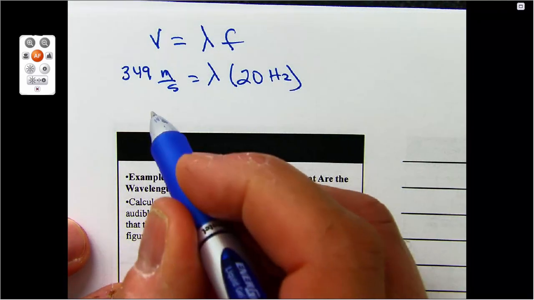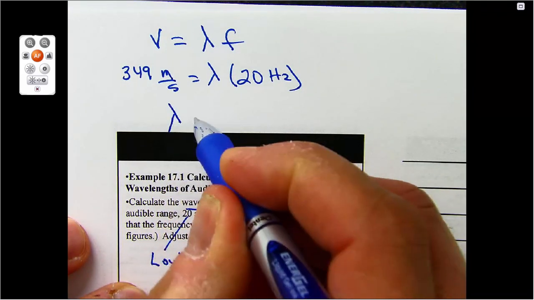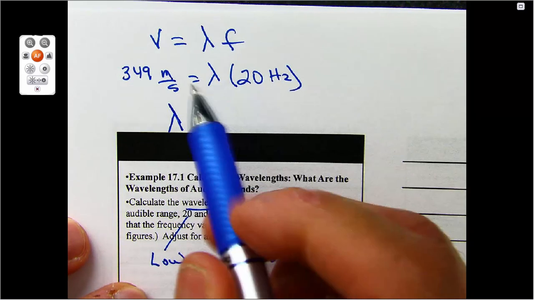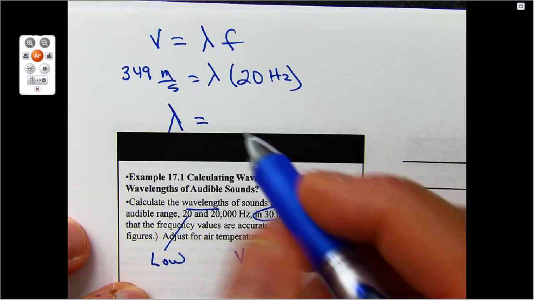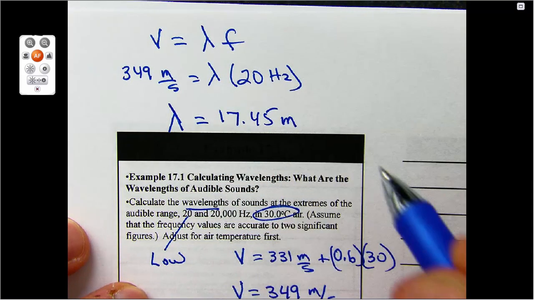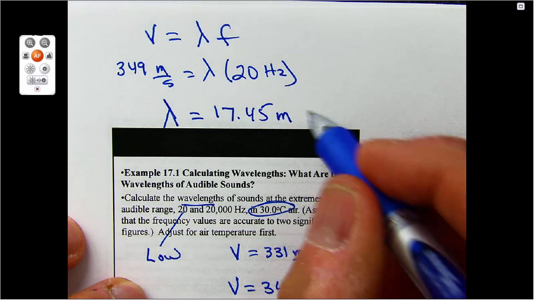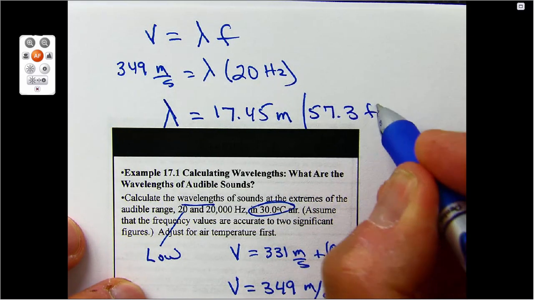So my wavelength here at 20 hertz, 349 divided by 20 is 17.45 meters. 57.3 feet.